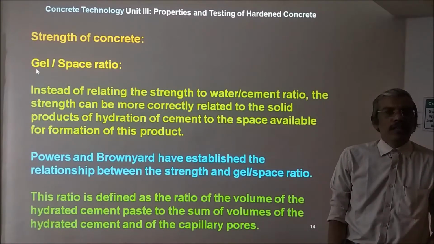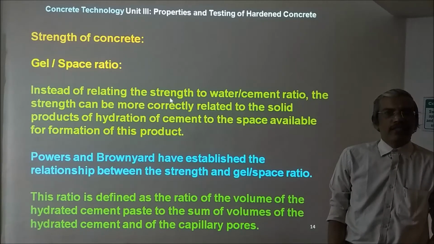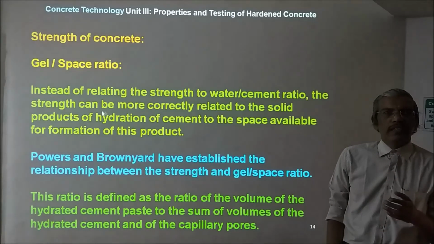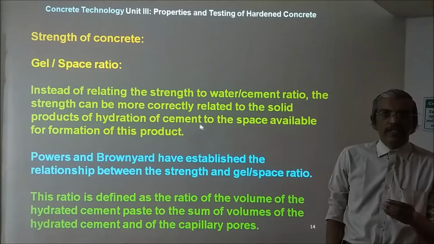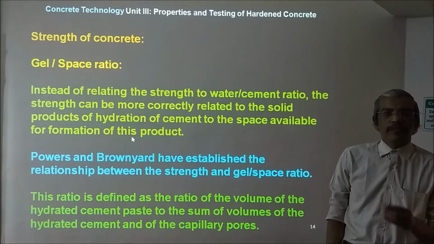Next we will see the gel space ratio. Instead of relating the strength to the water cement ratio, the strength can be more correctly related to the solid products of hydration of the cement to the space which is available for the formation of this product.